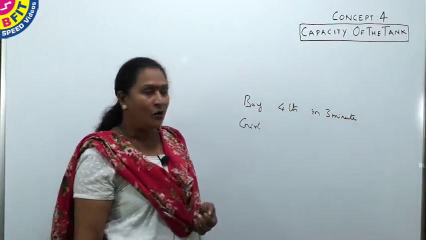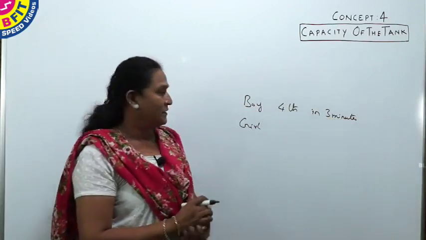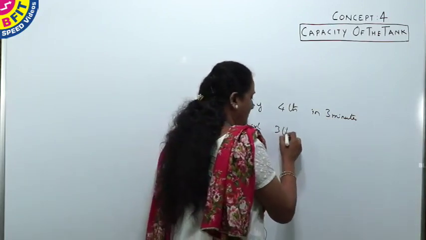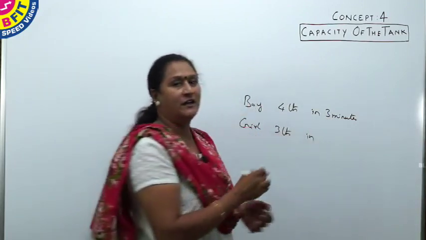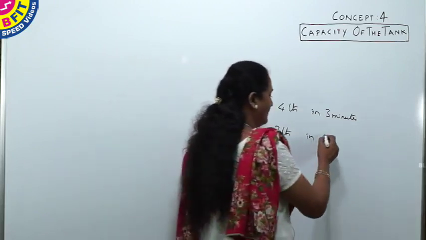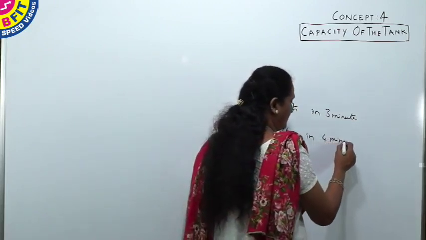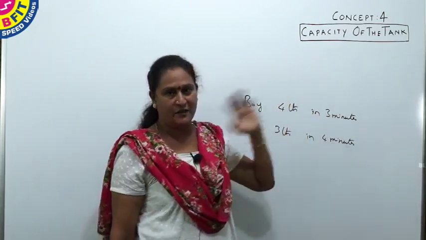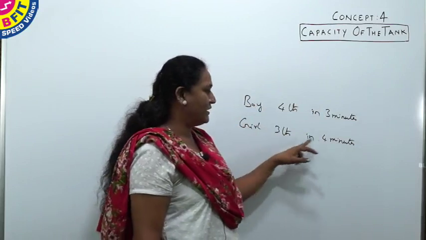And what is the amount of water poured by the girl? She pours 3 liters in 4 minutes. So the boy pours 4 liters in 3 minutes and the girl pours 3 liters in 4 minutes.